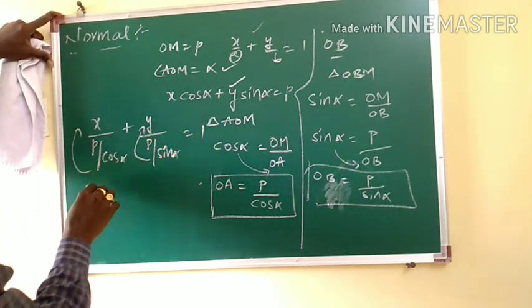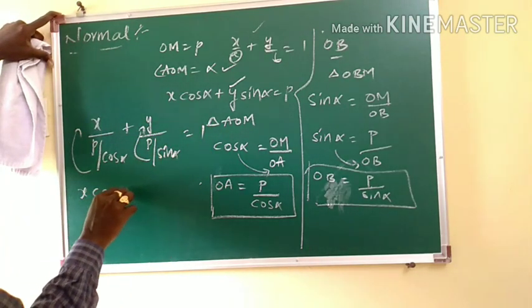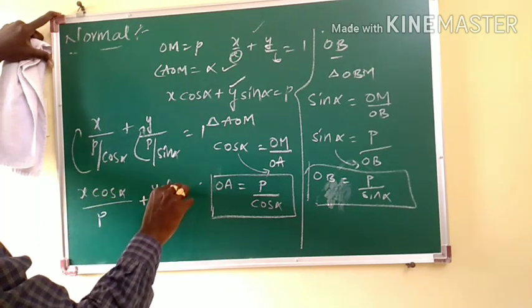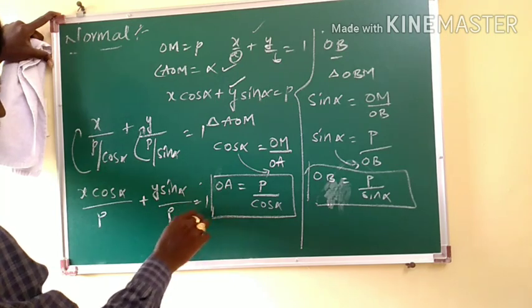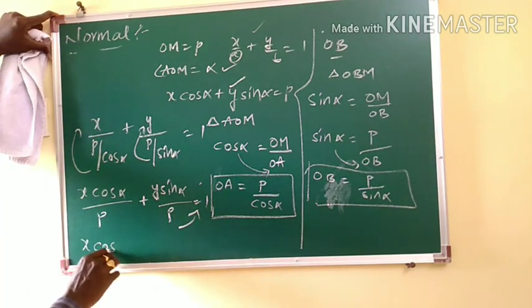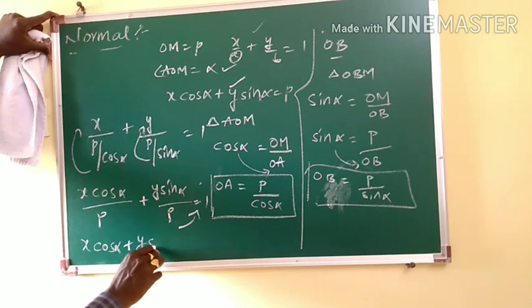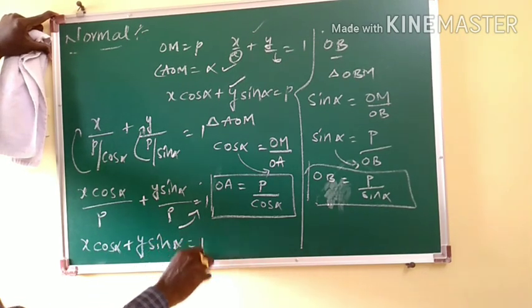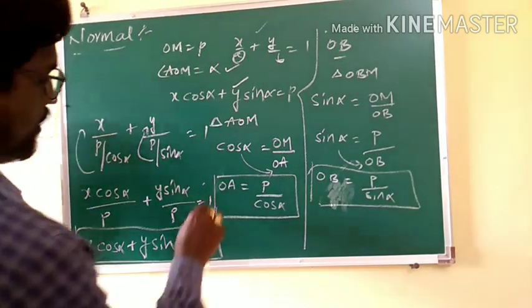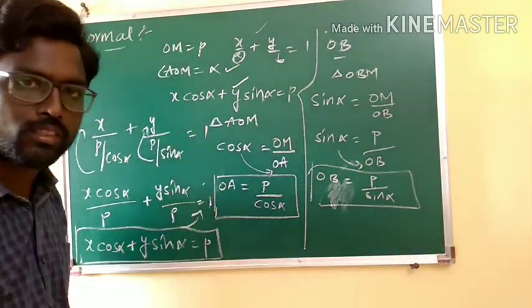Transposing these to the numerator, X cos alpha by P plus Y sin alpha by P is equal to 1. Transposing P to the other side, I'll get X cos alpha plus Y sin alpha is equal to P.